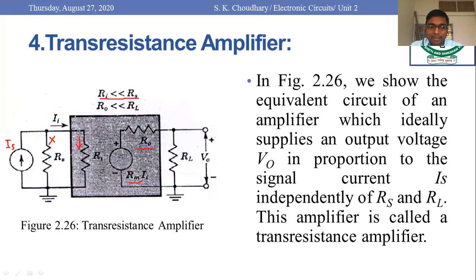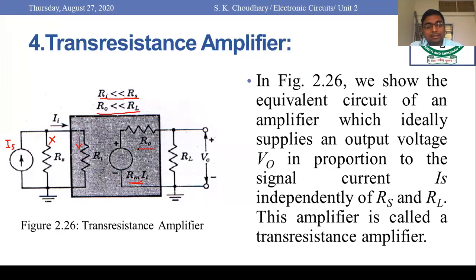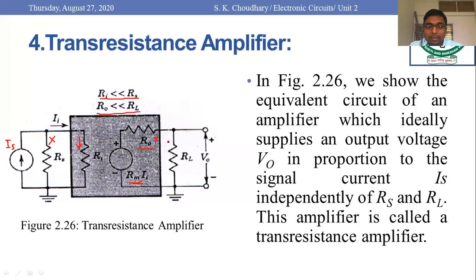So the dependent voltage source here is mentioned as Rm Ii. Whatever current is flowing across R0, where R0 is very much smaller than RL, the voltage drop across R0 is very small, negligible, so it could be neglected. So whatever the voltage drop across RL, that is your final output. So your V0 would be equivalent to Rm Ii.